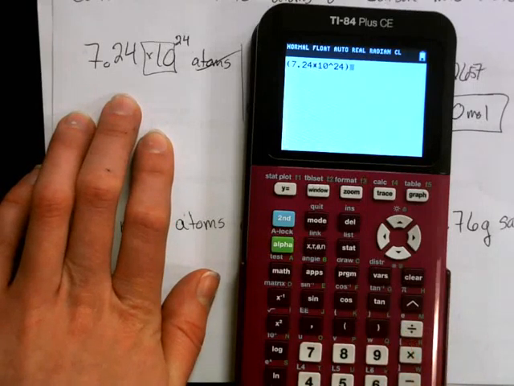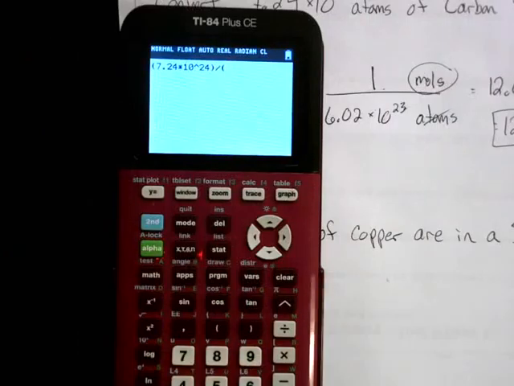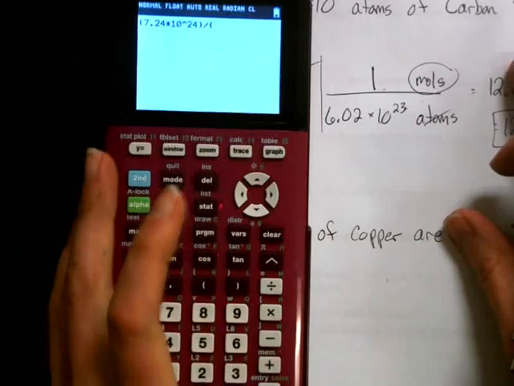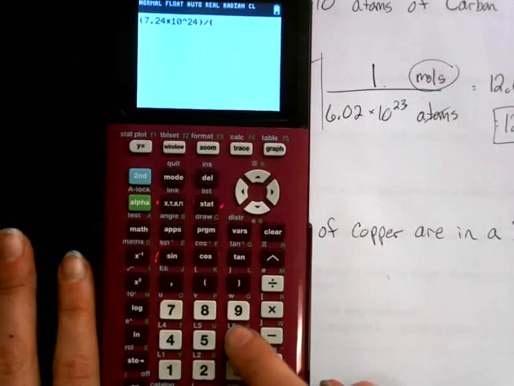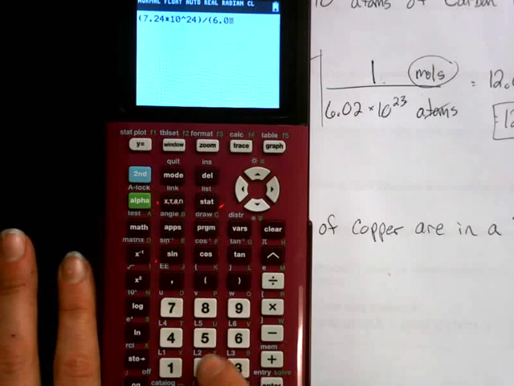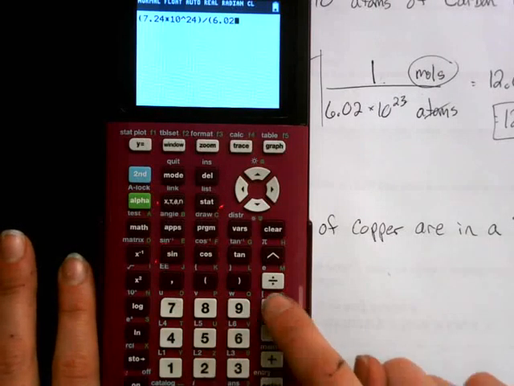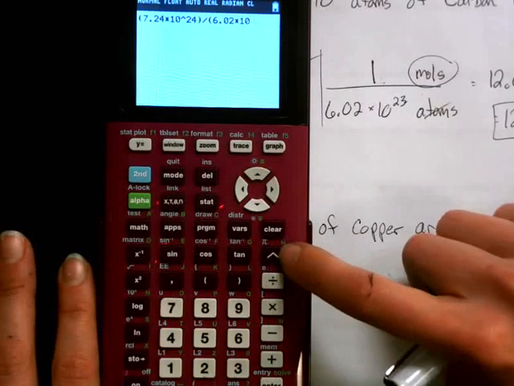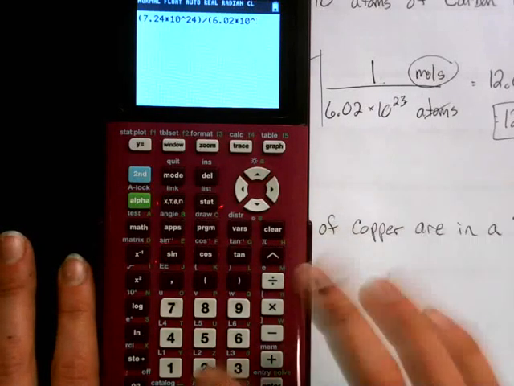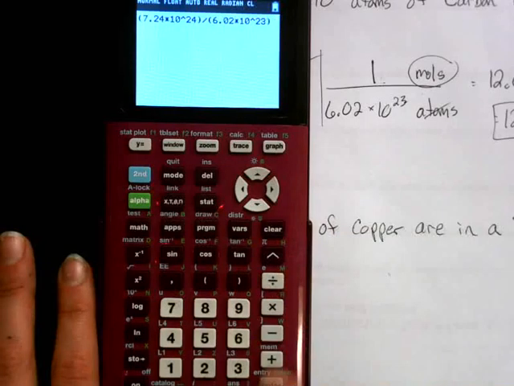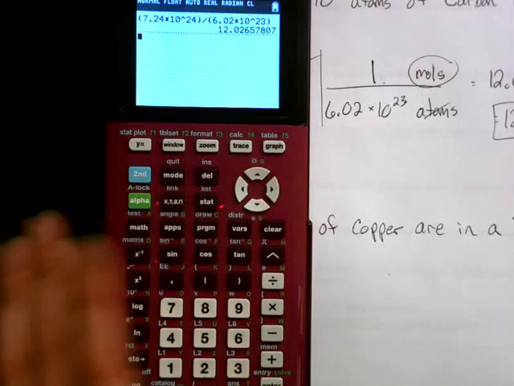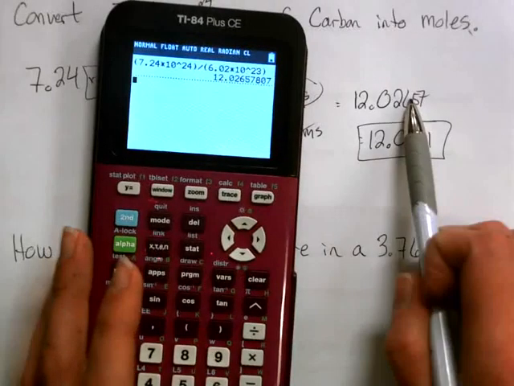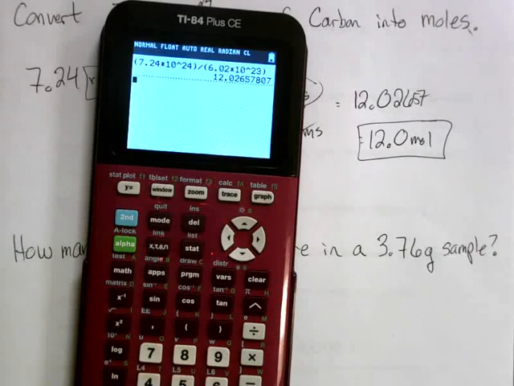So then we'd have to the 24 in parentheses, divided by, then let's plug in this next part, especially in parentheses. So my 6.02 times 10, this little caret off to the side, 23rd, end parenthesis, equals, we get the exact same answer as we had before. Whew, good.